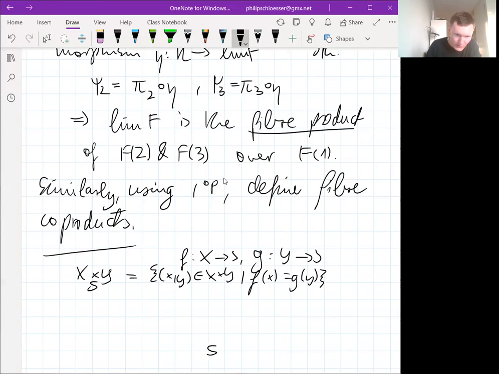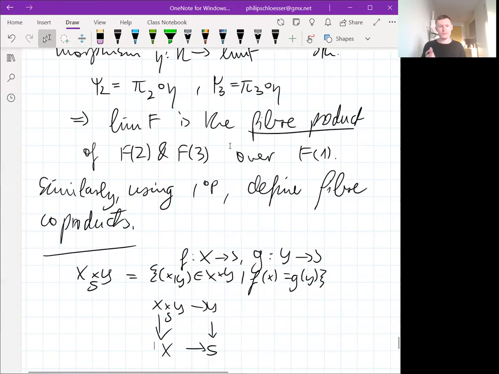Sort of X, Y, where those two maps here are just the projection maps. That's why I called them pi before.